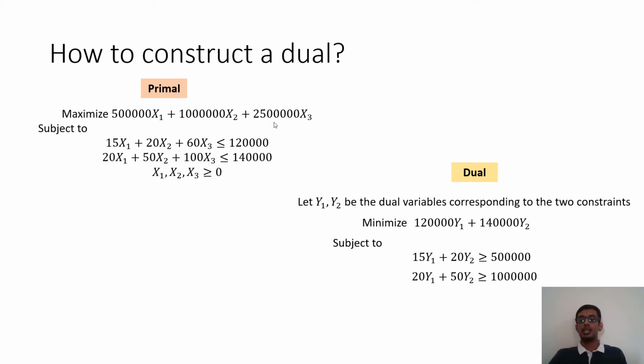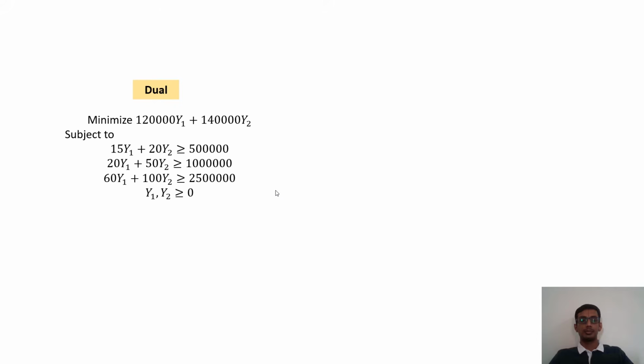So these are the 3 dual constraints, and since the variables are non-negative here, you are also having non-negative variables in here, right? So this is how you construct a primal and a dual. I hope you understand this.